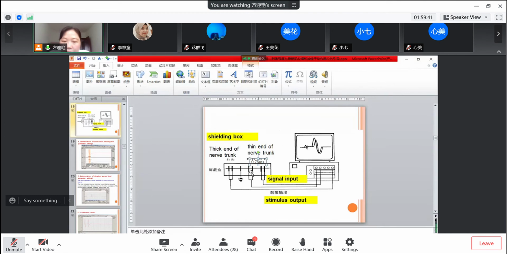Then we can see that the distance between 1 and 2 is 2 cm, divided by the time.